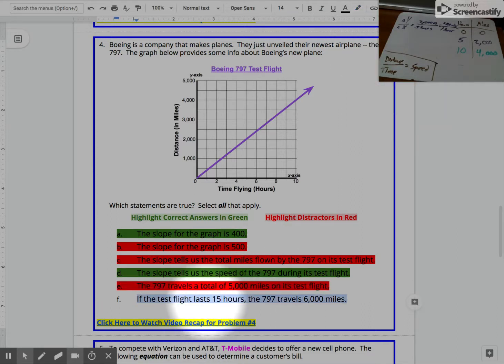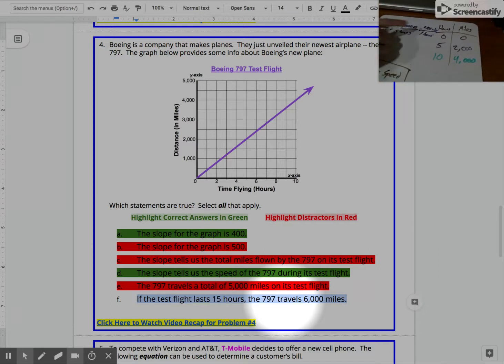Part F says if the test flight lasts 15 hours, the 797 travels 6,000 miles. There, I might use an equation, or I might use the fact that it's 400 miles every 1 hour, so 400 miles per hour, and I would multiply that by the 15 hours that the test flight's going to have.